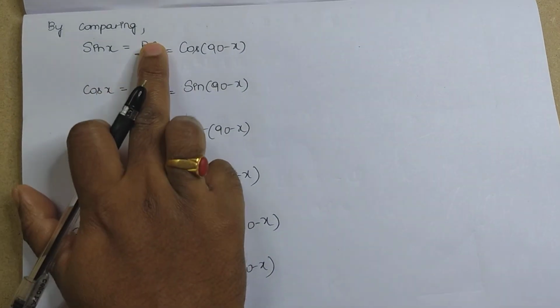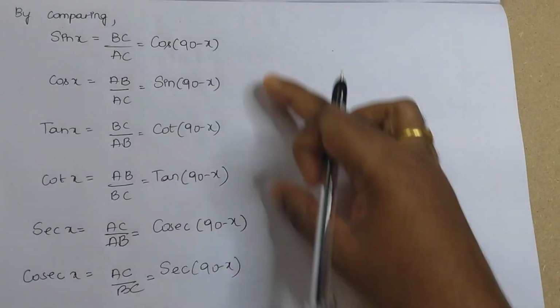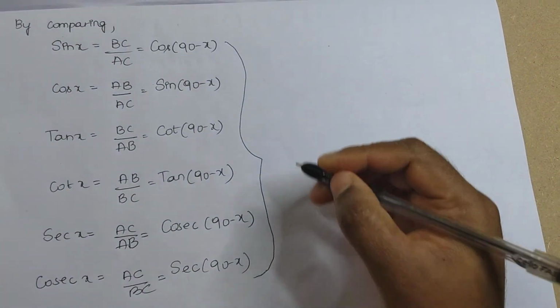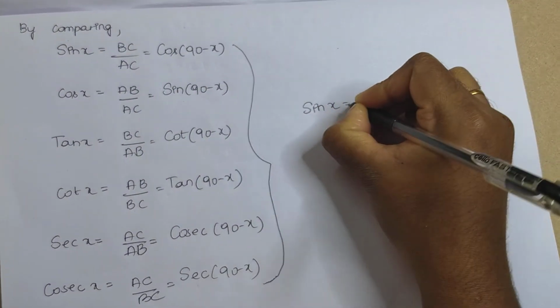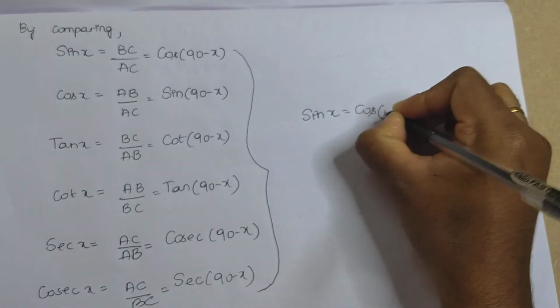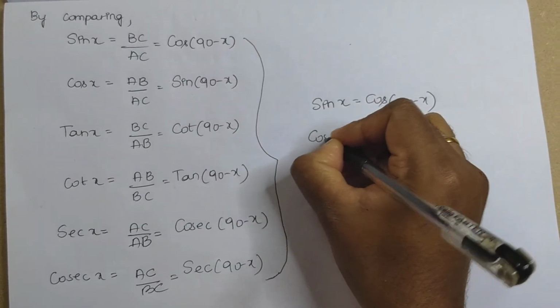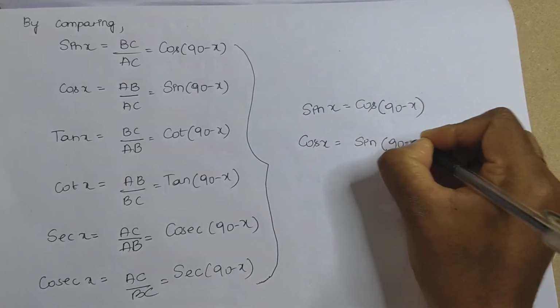So from all these 6, what can we write here? Sin x equals cos of 90 minus x. Again, cos x equals sin of 90 minus x. Correct?